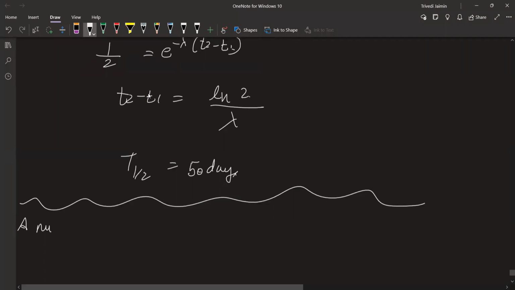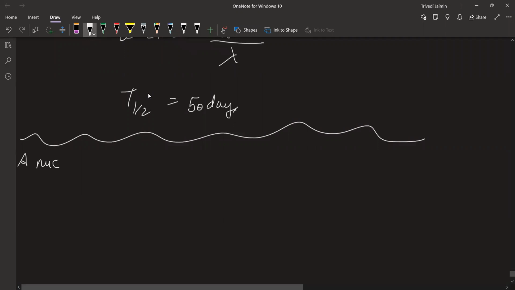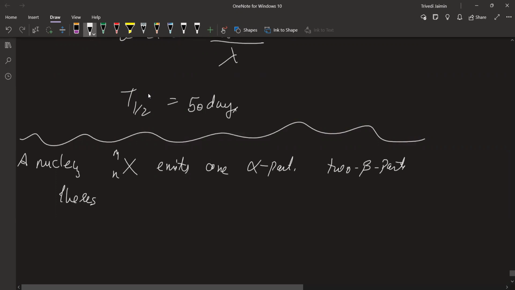Okay, let's try. A nucleus X (mass M, atomic number N) emits one alpha particle and two beta particles. The resulting nucleus is... it's very easy.